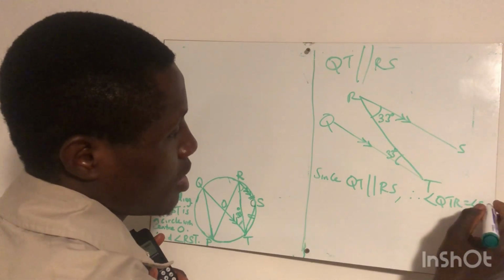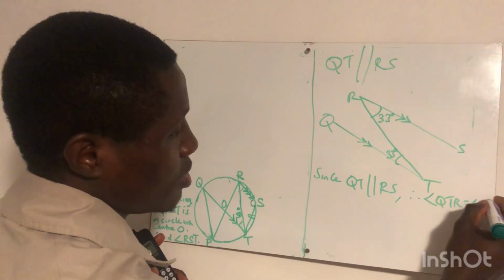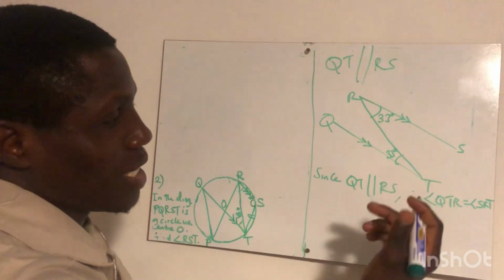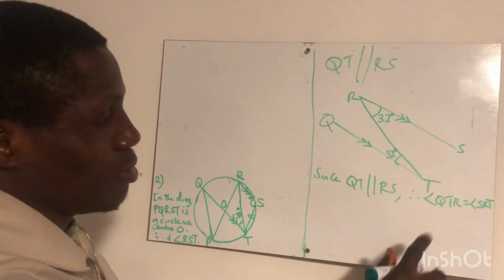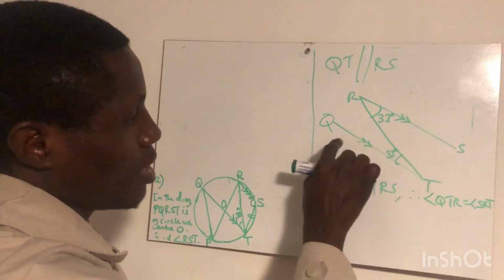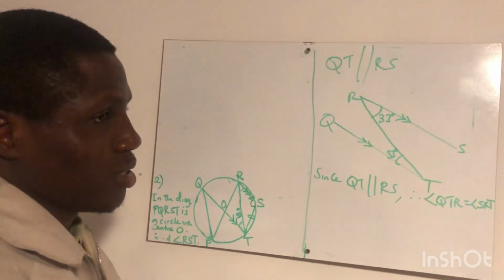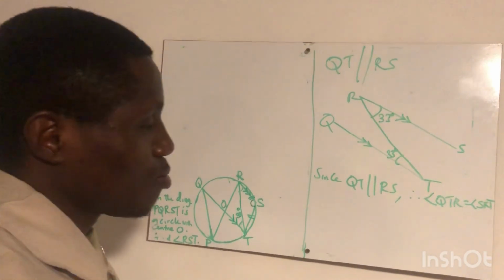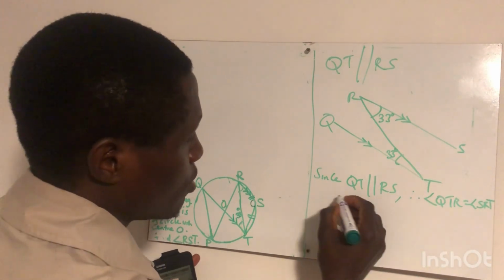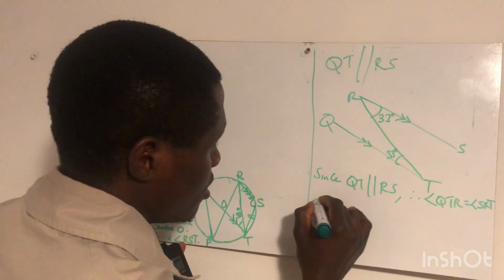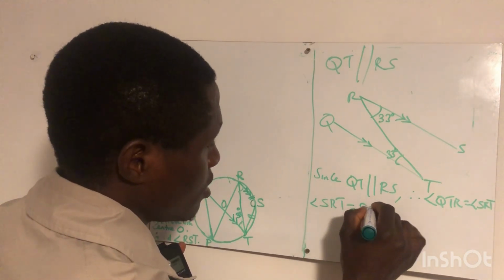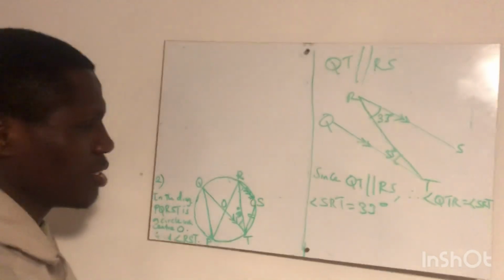Angle SRT, just make sure the R is in the middle. That's how you label it. The one that carries the angle must be in the middle. So angle QTR is equal to angle SRT. Therefore, angle SRT is 33 degrees.